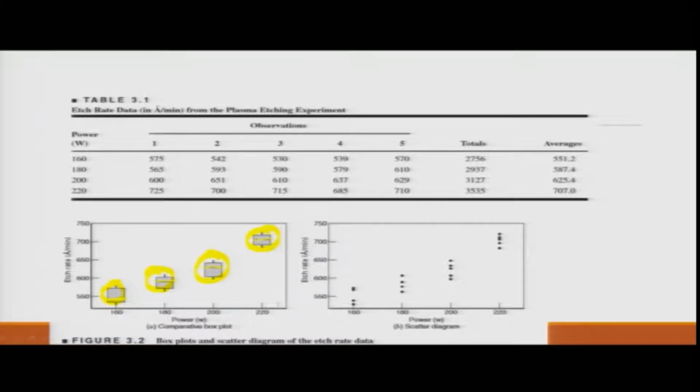If I go to the case where I want to understand the scatter plots, let me use the color. The scatter plots are given for 160, 180, then 200, 220. They give me the points, but they do not give me where the median or the mean is. So, we can find it out and do a study about that.